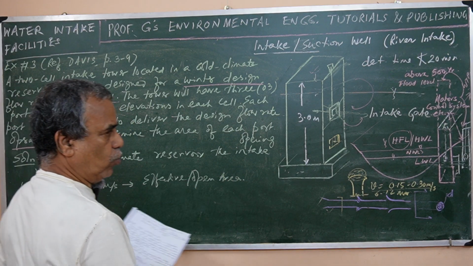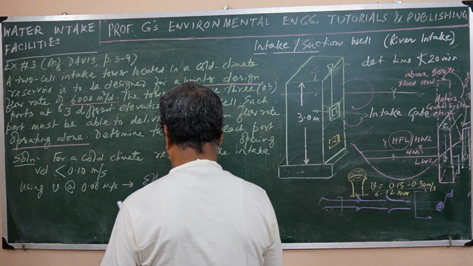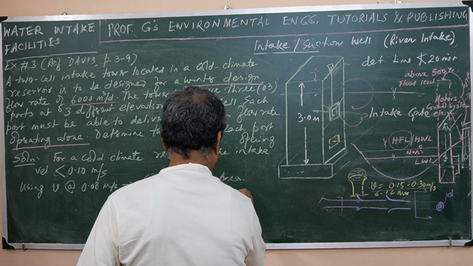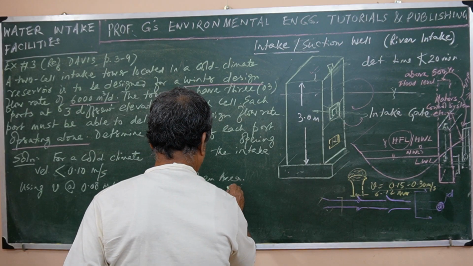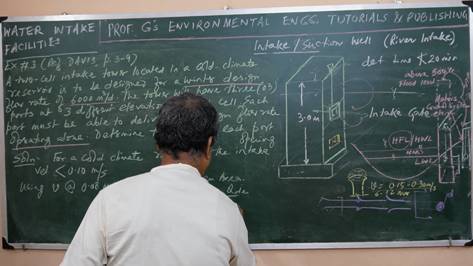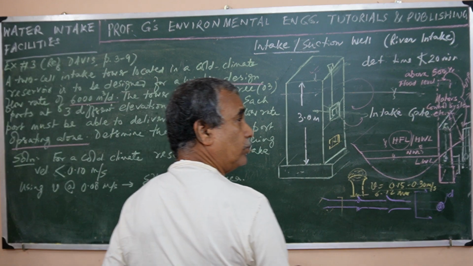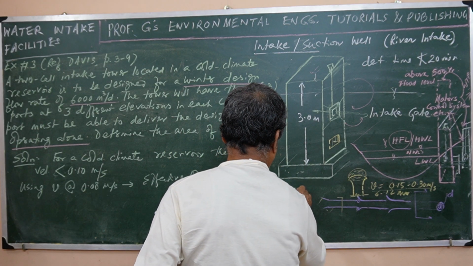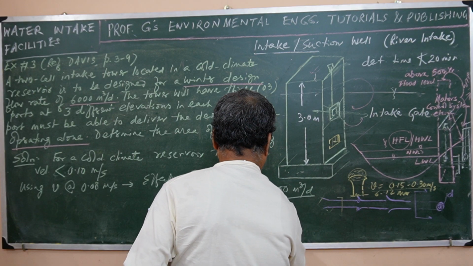What is effective or open area, right? It is a very simple calculation, Q by V, so Q design by V minimum. That would be 6,000 meter cube per day divided by 0.08.